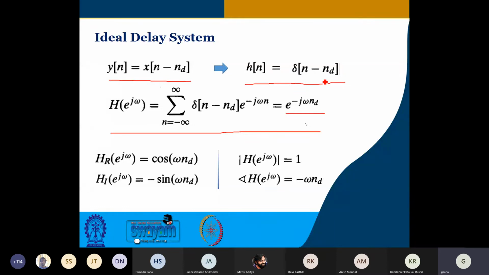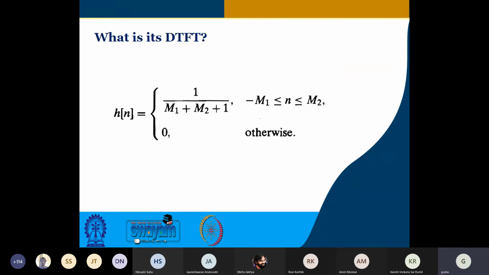So delta n minus n_d gives e to the power minus j omega n_d. And its real and imaginary parts, cosine and sine, would look like this. The magnitude of this will be 1, and the phase part will be minus omega n_d. So it is just a delay by n_d units, and that gets reflected in the phase response in this manner.